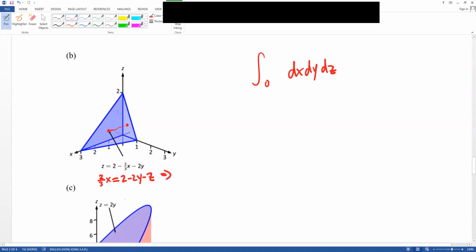So that means x is 3 divided by 2 times (2 minus 2y minus z). This is my upper limit, because this gives us the x position of this point, given some value y and z.